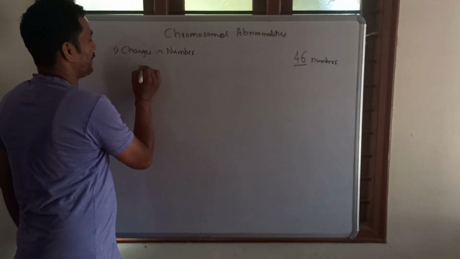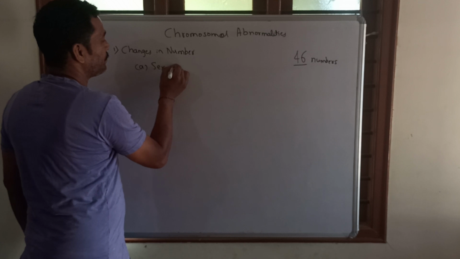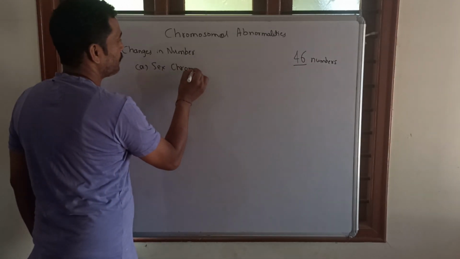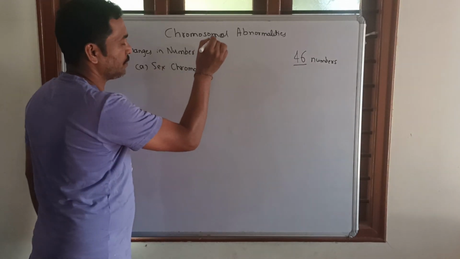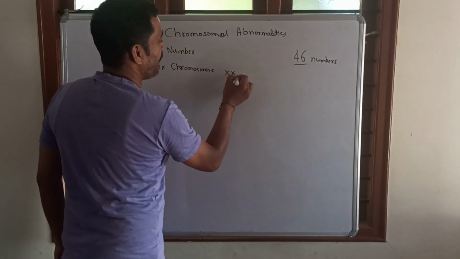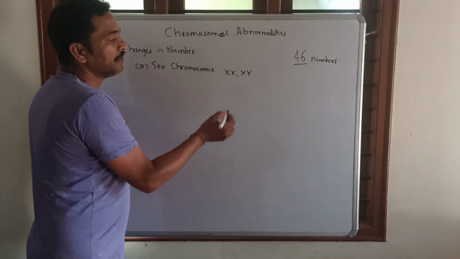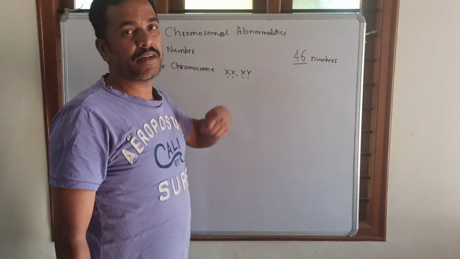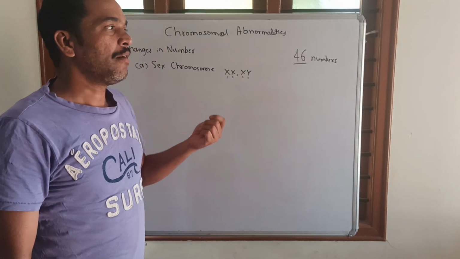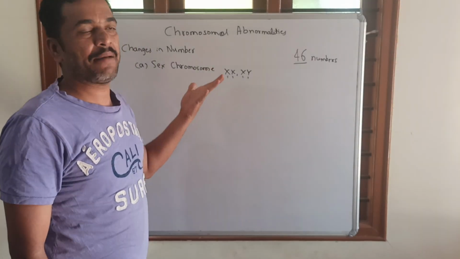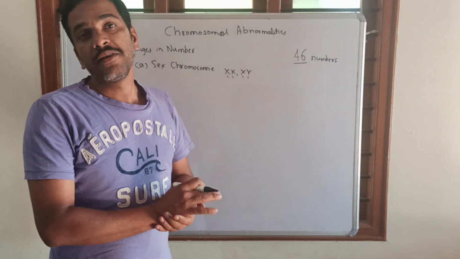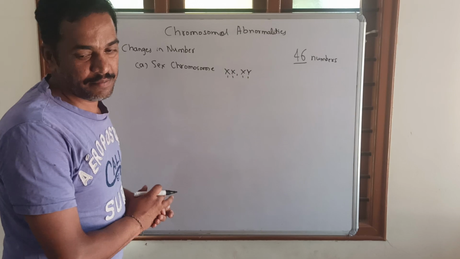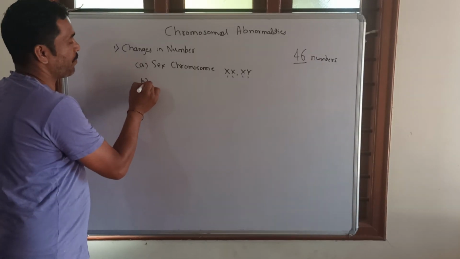It may be in the sex chromosomes, that is either XX or XY. If any one of the chromosomes is deleted or added or something else has happened, then you can say it's a sex chromosome abnormality.